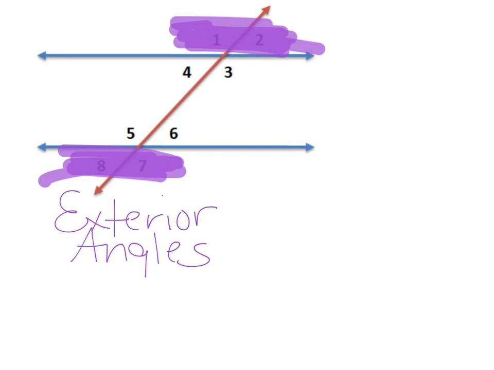And then angles 5 and 6 and 4 and 3 are what we call interior angles because they're on the inside of the parallel lines.